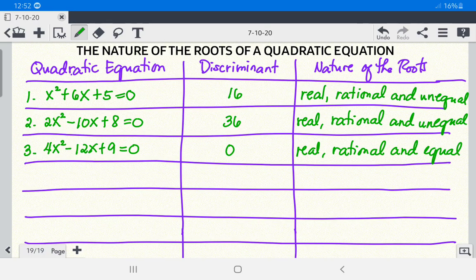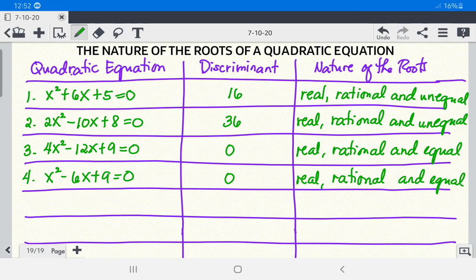Then number 4, we have x squared minus 6x plus 9 equals 0. Now, the discriminant is 0. The nature of the roots, they are real, rational, and equal.